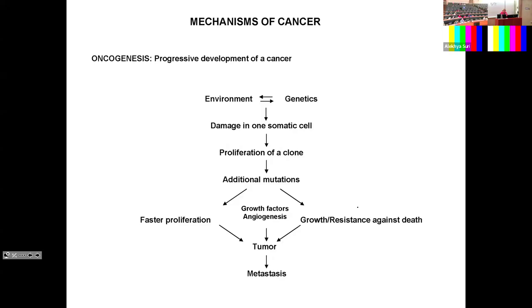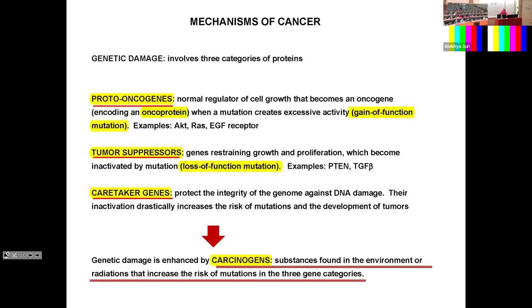So there is DNA damage in one somatic cell, and that somatic cell starts proliferating as a clone, and then additional mutations will happen. Those additional mutations will lead to faster proliferation or growth and resistance against cell death. That will lead to a tumor and then metastasis. So we are going to see all these different points in the next slides.